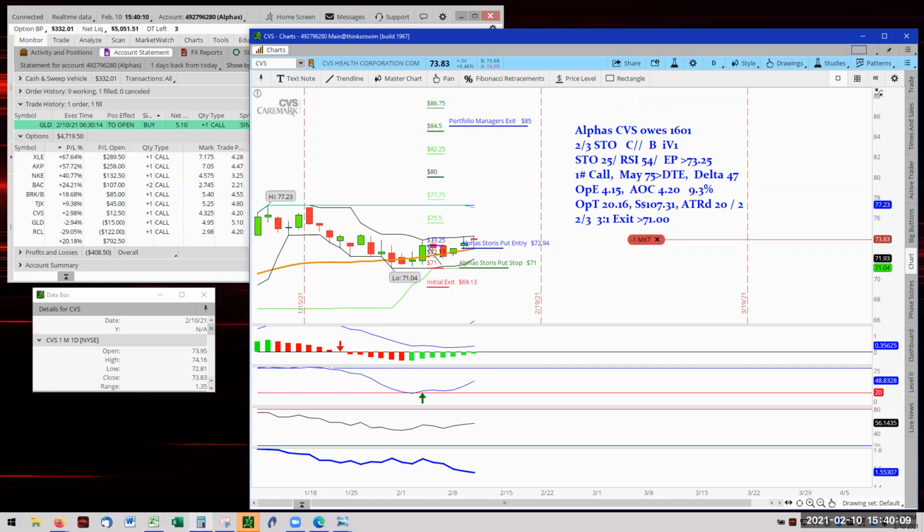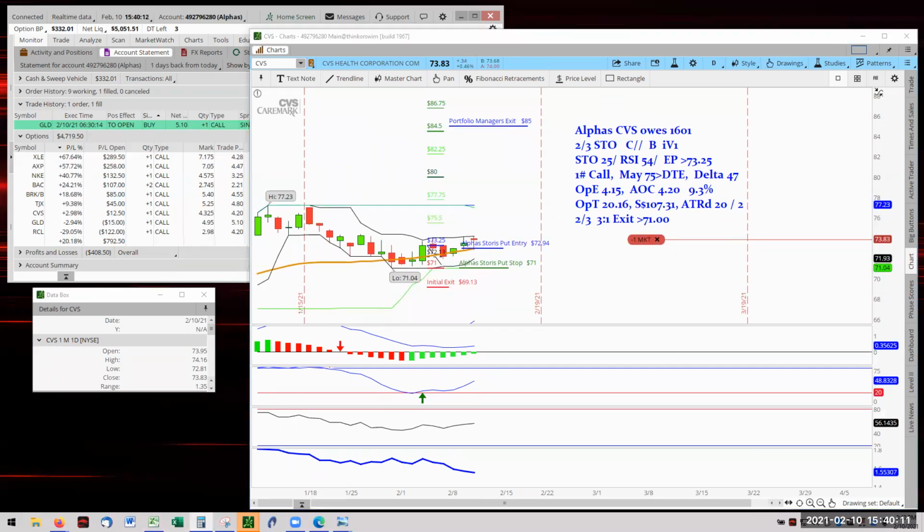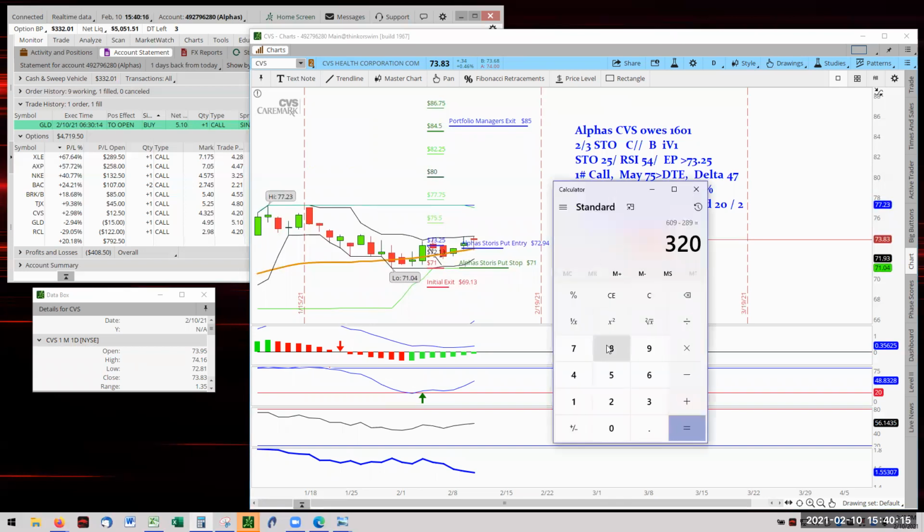Let's do the numbers. The average portfolio take is 20%. So we go in and put in the low, $71 times 1.2. And anticipation is that at around average $85, people will be taking money off the table for CVS.